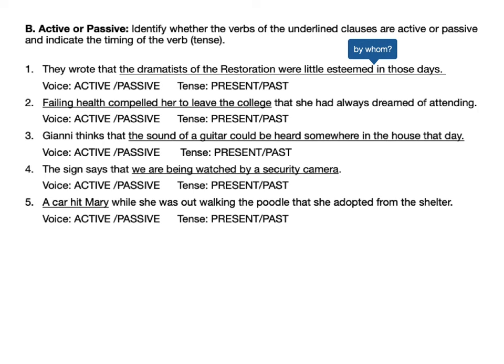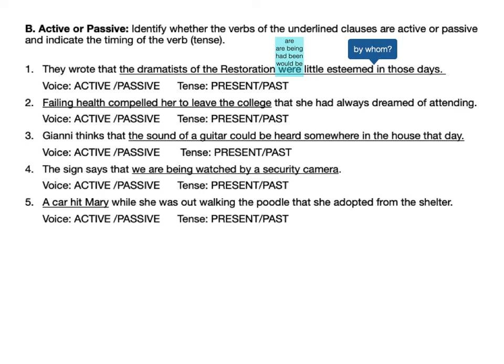Now that we know that it's passive, we also have to choose the tense. Let's take a look at the use of the verb to be in the sentence. Were little esteemed in those days. Well, there are many possibilities. You could say are little esteemed, are being little esteemed, had been little esteemed, or would be little esteemed.